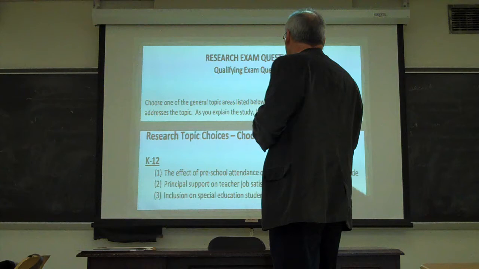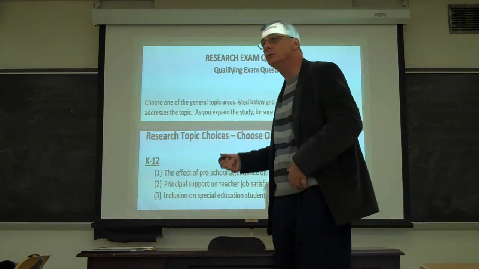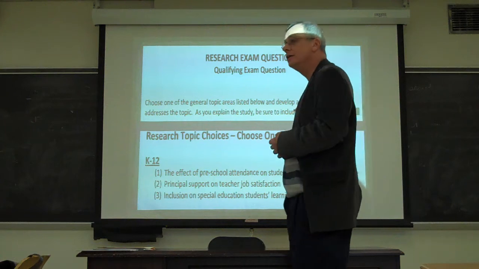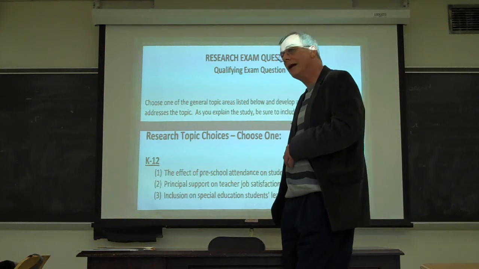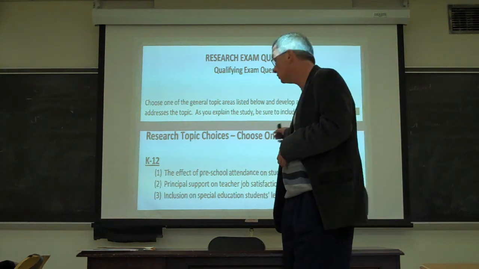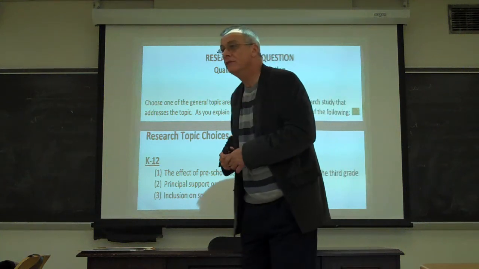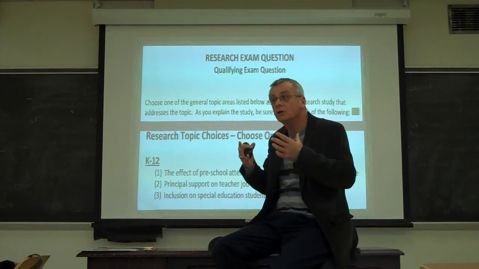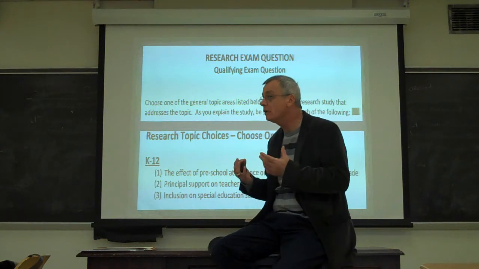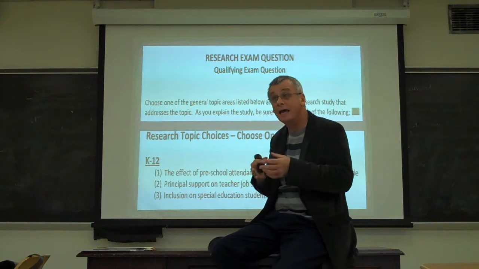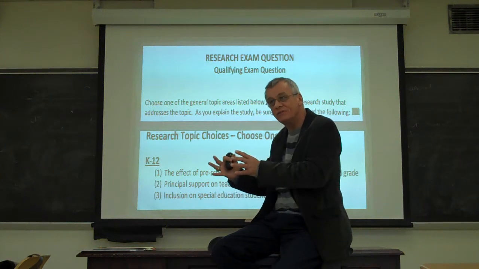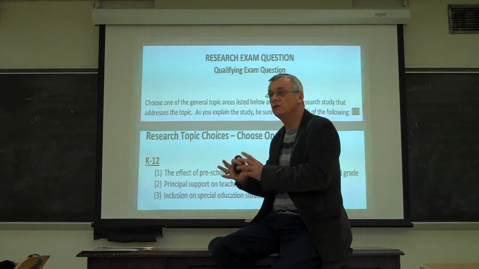What are the effects of private preschool attendance or charter preschool attendance on student reading readiness or reading comprehension in 3rd grade students in urban school districts in New Jersey? So you could make it a little bit more specific. The nice thing about making it more specific is it helps your methodology later on, because now you're thinking of a specific group that you're going to study.